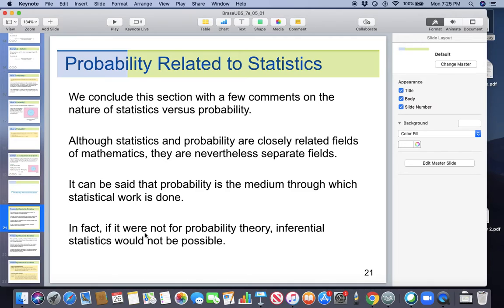In fact, if it were not for probability theory, inferential statistics would not be possible. So in other words, notice probability and statistics are two different branches actually, but they are closely related. Without probability theory, inferential statistics is not possible.